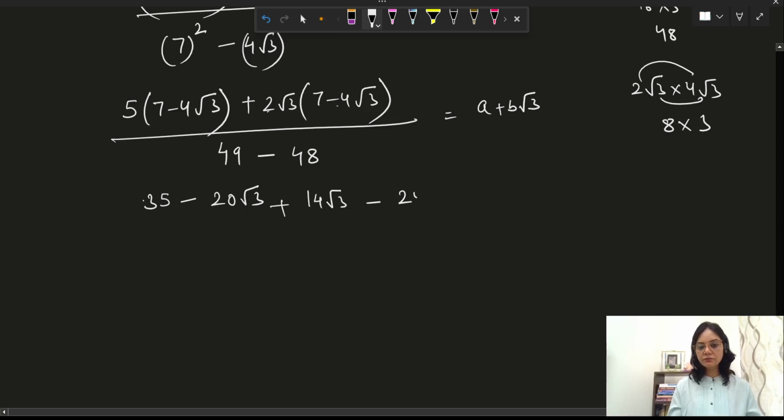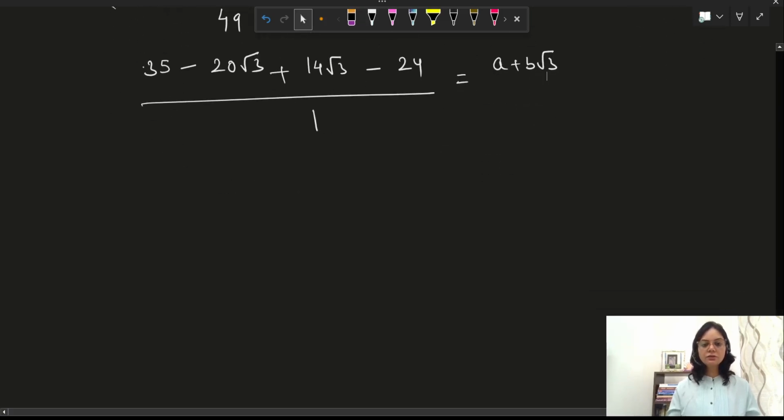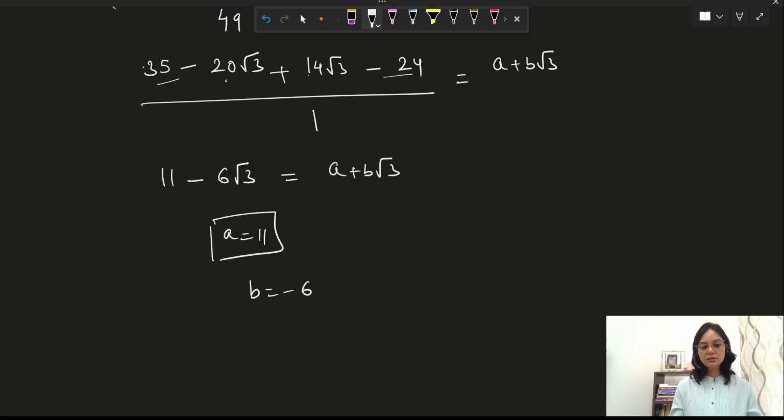So it becomes 24, upon 1. Now from here, what is 35 minus 24? That's 11. 20 and 14 negative, so that's minus 6 root 3, equals a plus b root 3. From here we say a is 11 and b is minus 6.